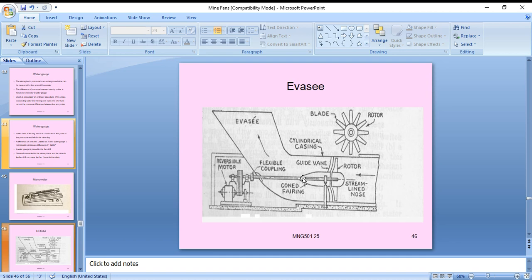Air will be coming in without resistance through the core, and is thrown out through the evasé. So there is the cylindrical casing, the blade, the rotor and the streamlined nose. This is a simple diagram for the evasé explanation.